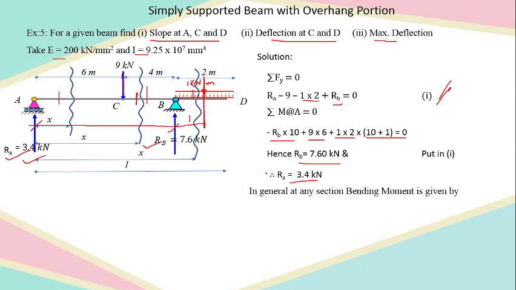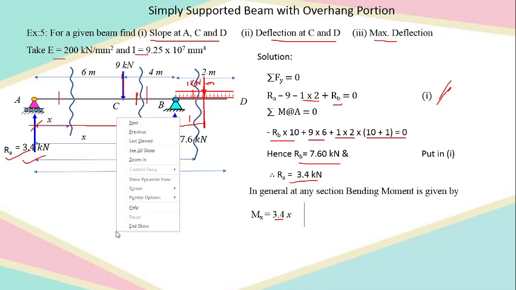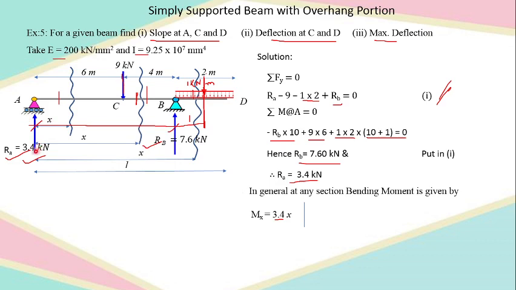So what will Mx be with respect to the first section? Ra into x, and Ra is 3.4. So we have finished with the moment of the first section. Now take the second section. Whatever is available on the left hand side, I have to take the moment for all of it.